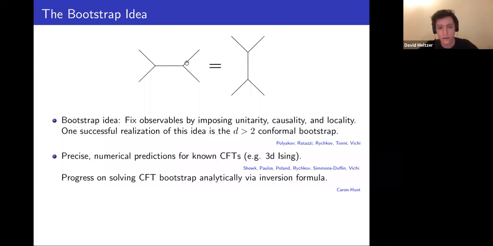So in the past 10 years, we've learned a lot about higher dimensional CFTs. We now have very precise numerical predictions for known CFTs, like the 3D Ising model. And there's also been a lot of progress on solving these bootstrap conditions analytically by studying the inversion formula.